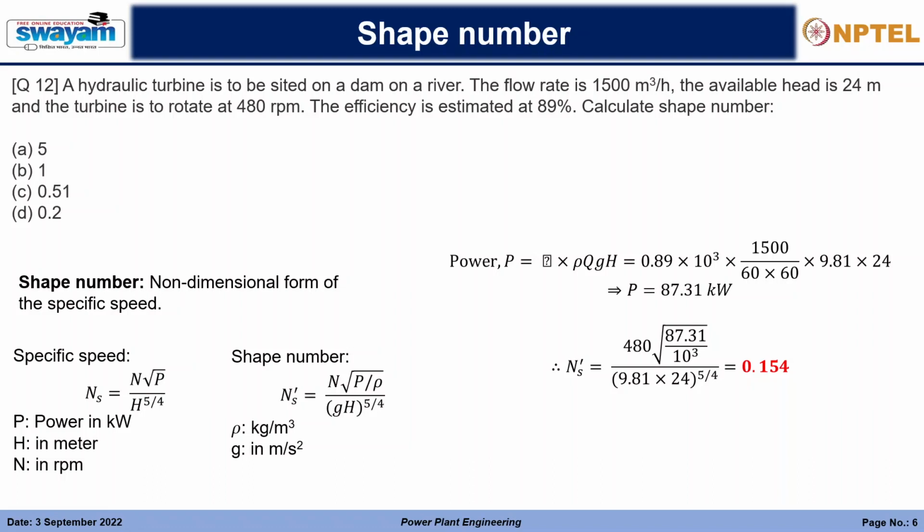Sir, I also got that 0.154, but based on the options, I rounded it off to 0.2 and clicked option D. But it shows option C as correct. Right, so this is a bit of confusion. I will have to get it cleared from the people who made this question.